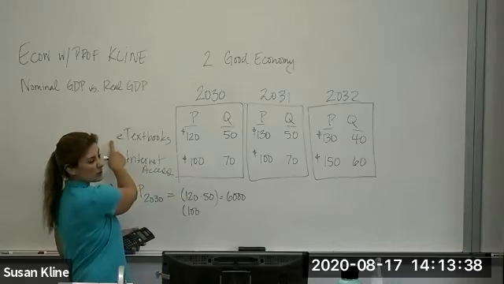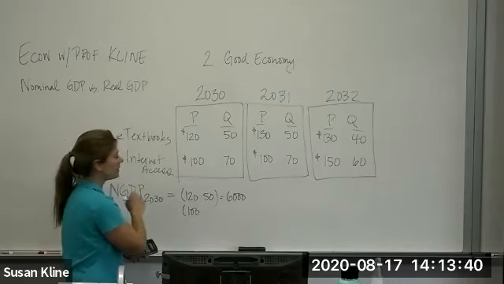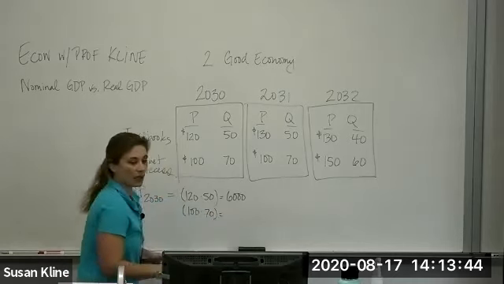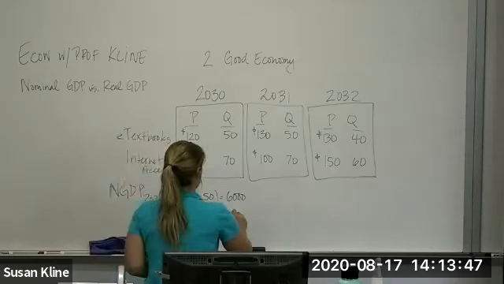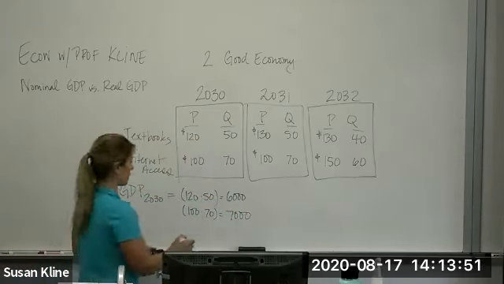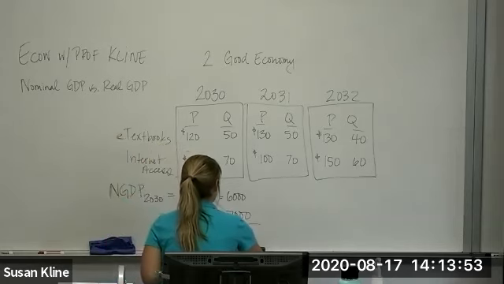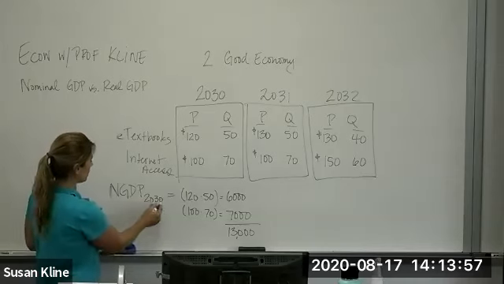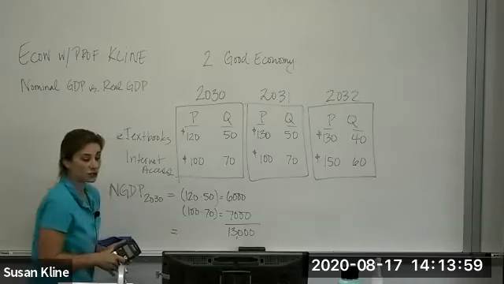E-textbooks now are almost more like a service than a good. 100 times 70, and that one's going to be 7,000. So what's our total GDP for that year? 13,000. So nominal GDP for 2030 is 13,000.